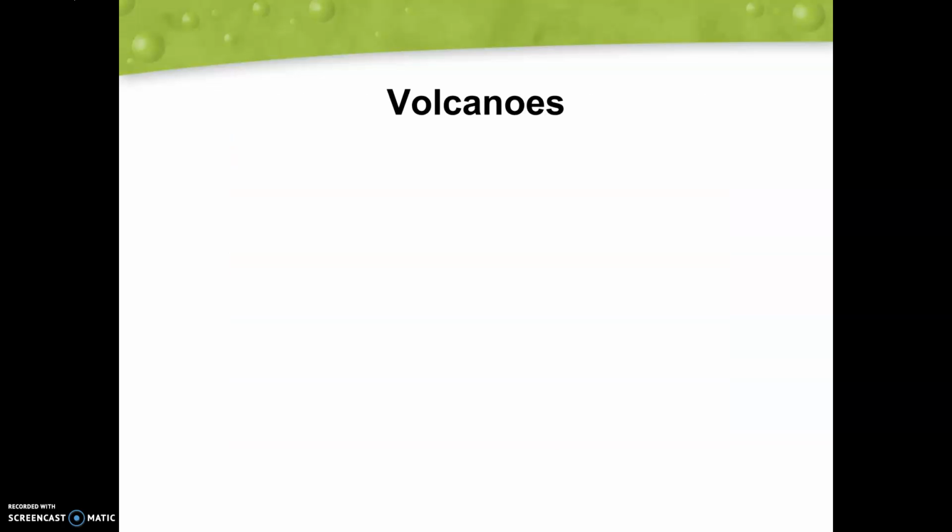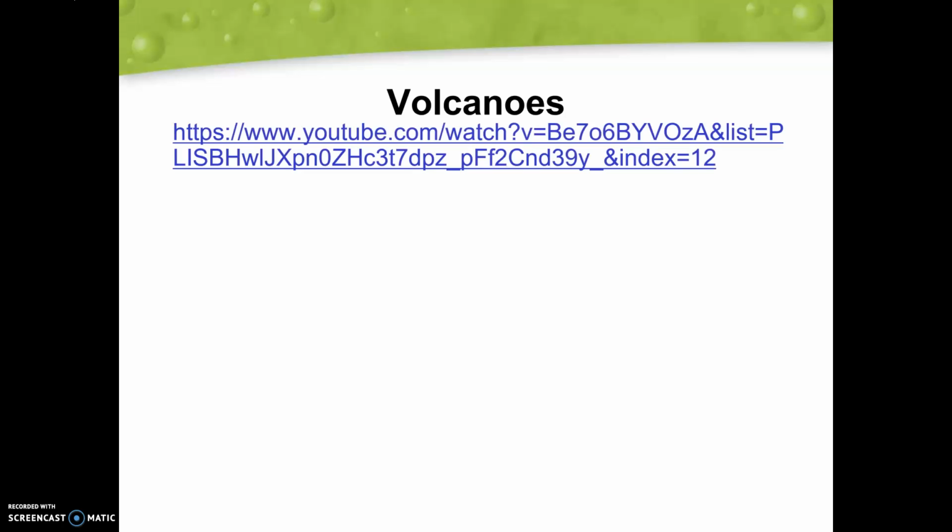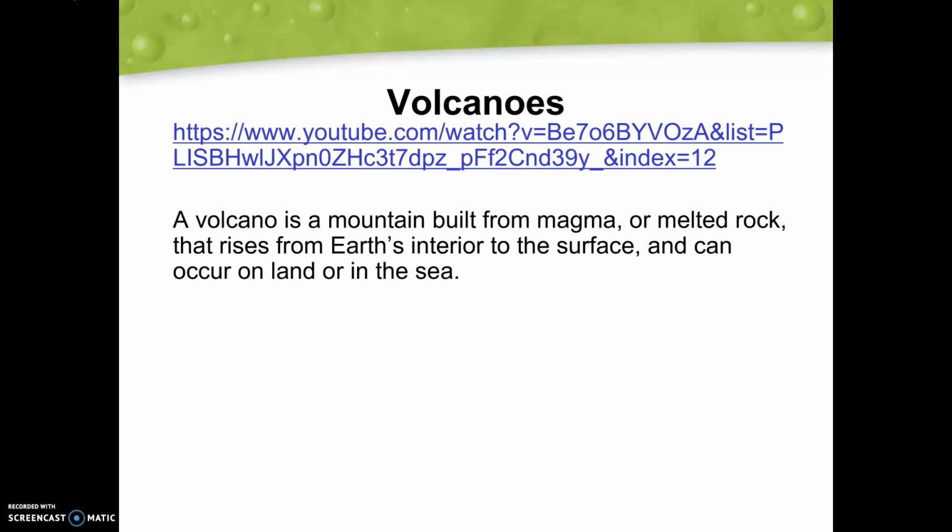Another thing that can occur from our plate boundaries moving is volcanoes. A volcano is a mountain built from magma or melted rock that rises from the Earth's interior to the surface. This can occur both on the land and on the sea. This is going to be important because it's a different type here.